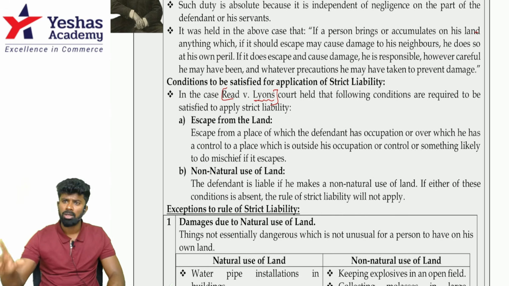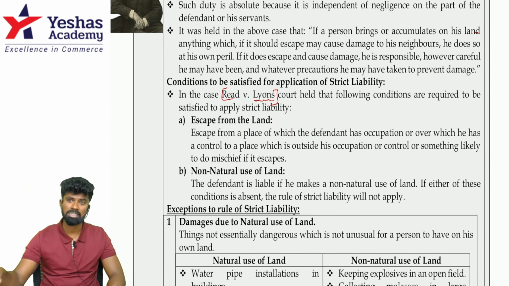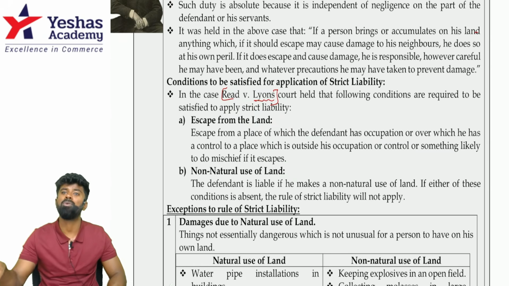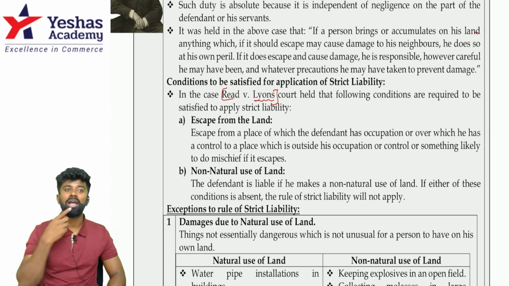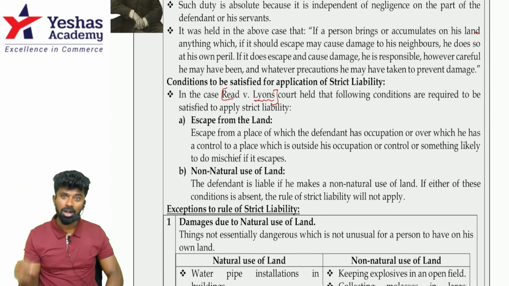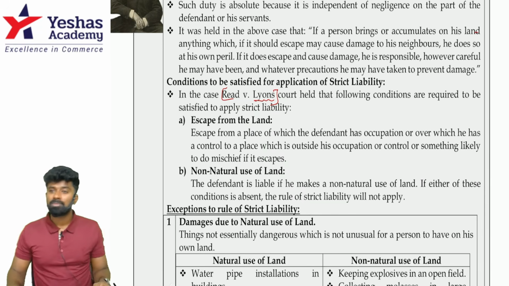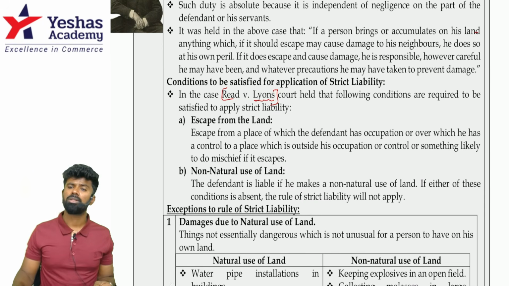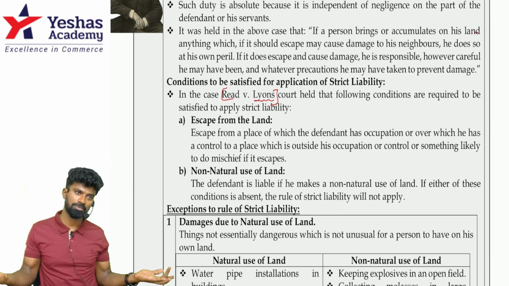The one living next to your house heard the song. It's an emotional song. Because he heard that emotional song, he died. Are you liable to pay compensation? Or that person went into severe stress? Family members can file, if they know.